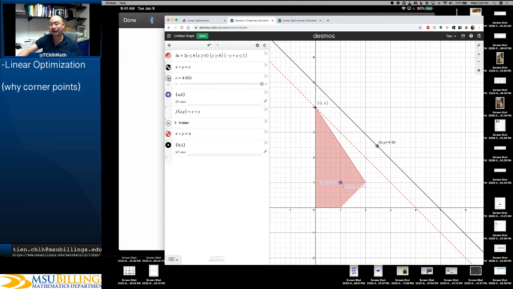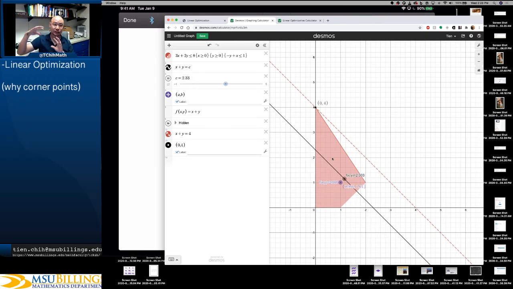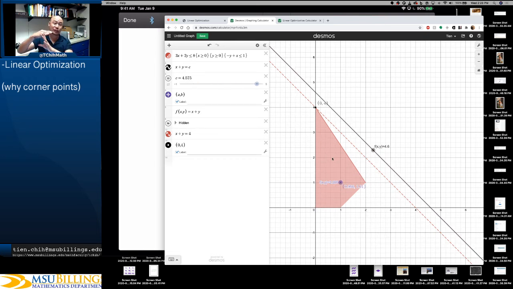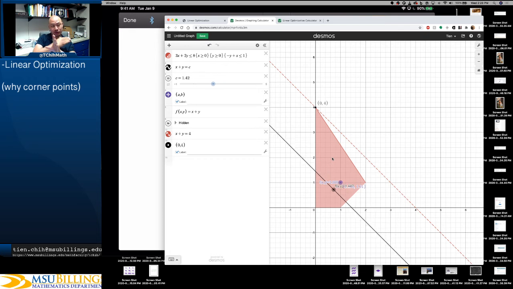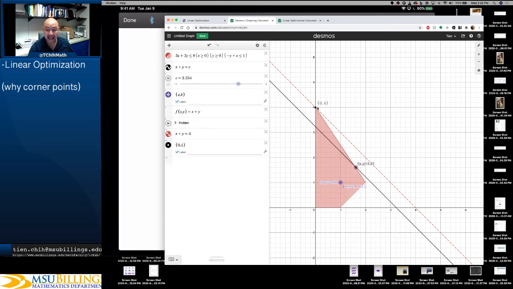And so I don't need to check every single point inside this region, because any point in this region I can push it out one way or the other. I only need to check the points on the boundary of the region, and not just the boundary. I can simplify it so far as to say I just need to check the corners of this region.